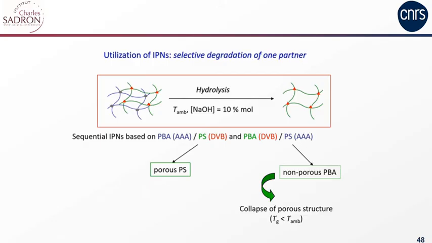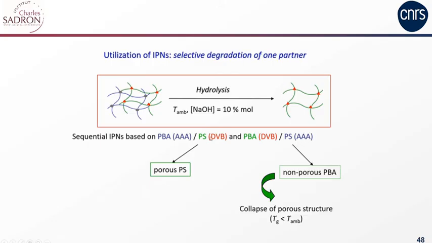One example here, by using IPNs to generate porous networks. Here we started from this sequential IPN based on polybutyl acrylate and polystyrene.